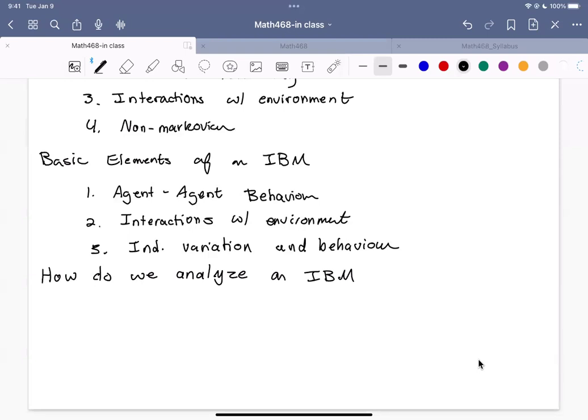When you build an individual-based model, test it. So go to extreme values of your parameters. For example, turn off selection or have the prey be really good at avoiding the predators. Do something where you go to an extreme case to make sure things behave the way you think that they should.